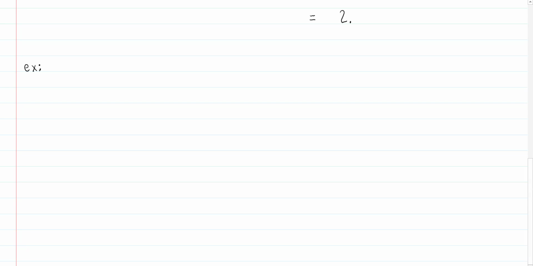All right, this time let's consider the function f of x equals 1 over x. All right, so its graph will look something like this, roughly speaking.